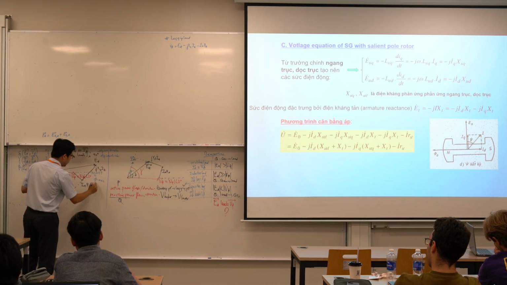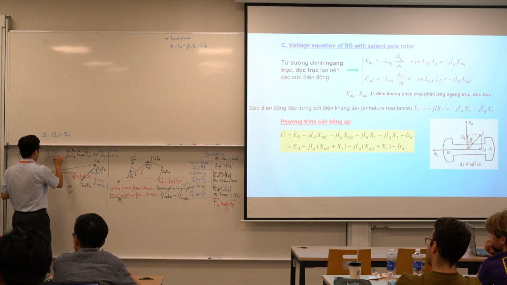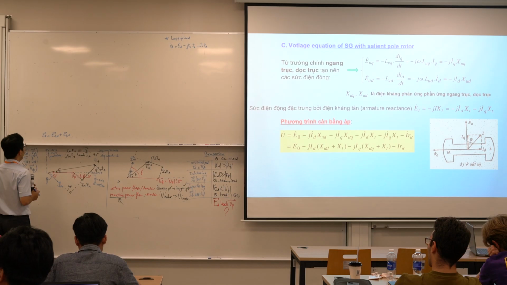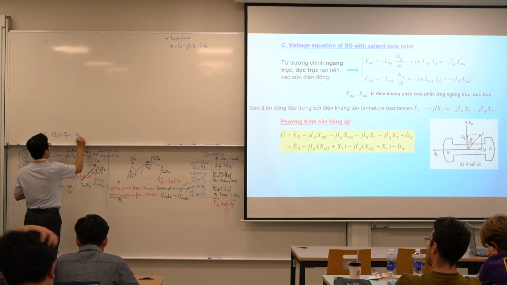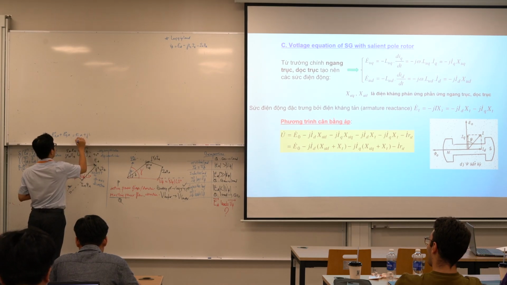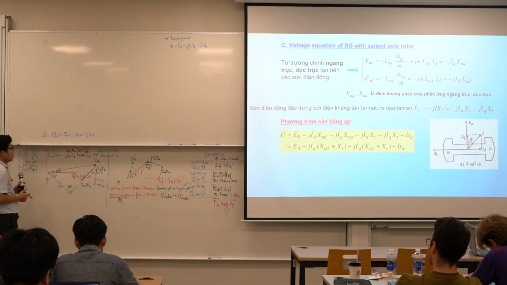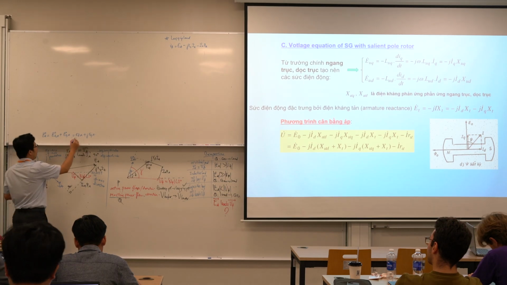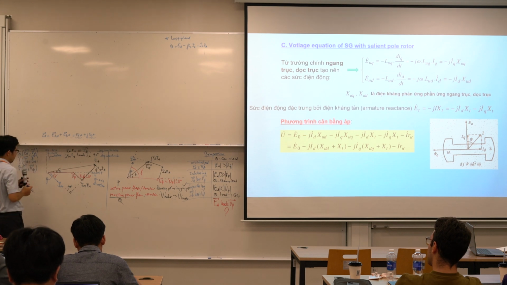D means direct and Q means quadrature. Okay, so if I would like to use the vector, we can write EDA plus jEQA. Do you read me? It is the real part. This is the imaginary part. Or you can keep the vectors like this.